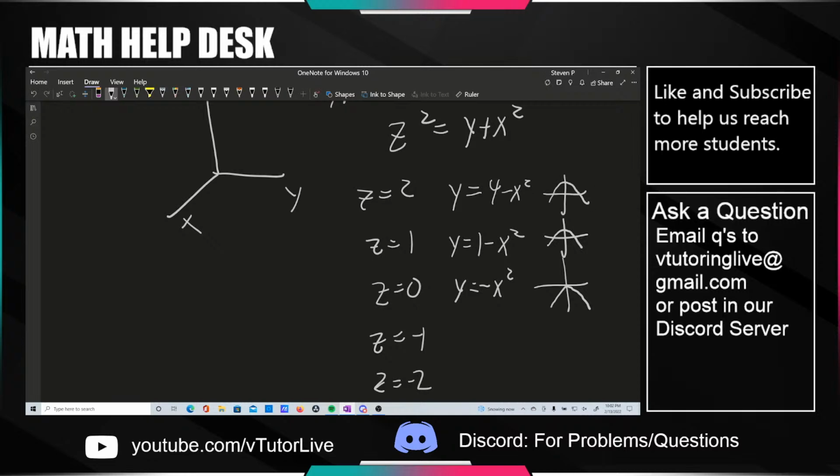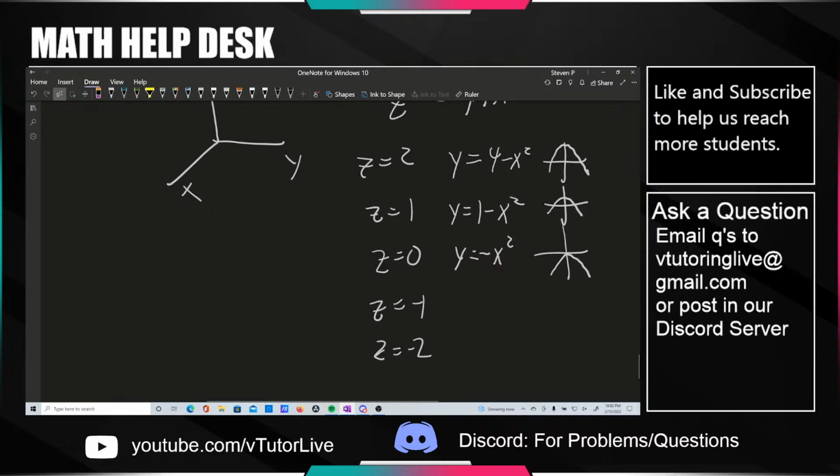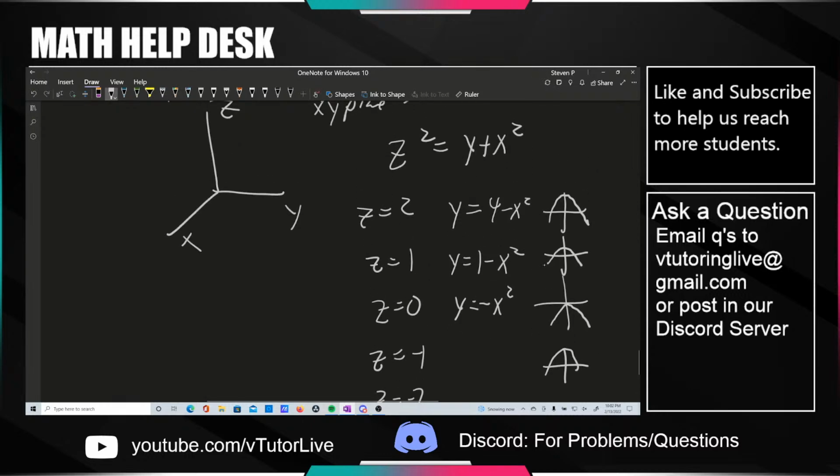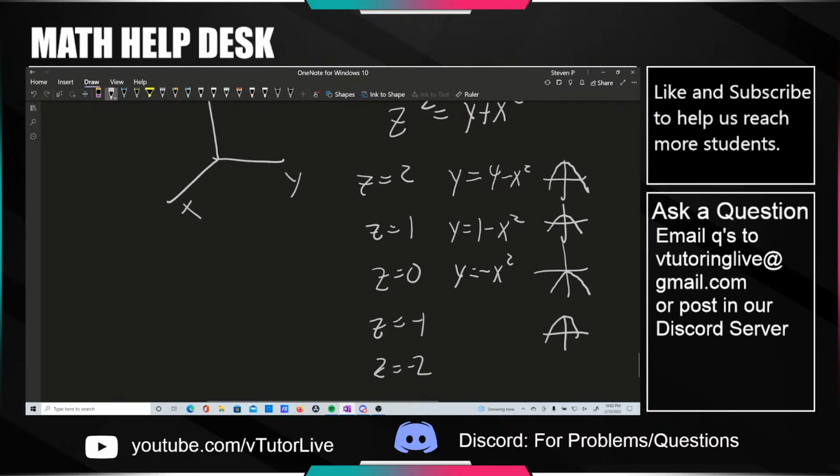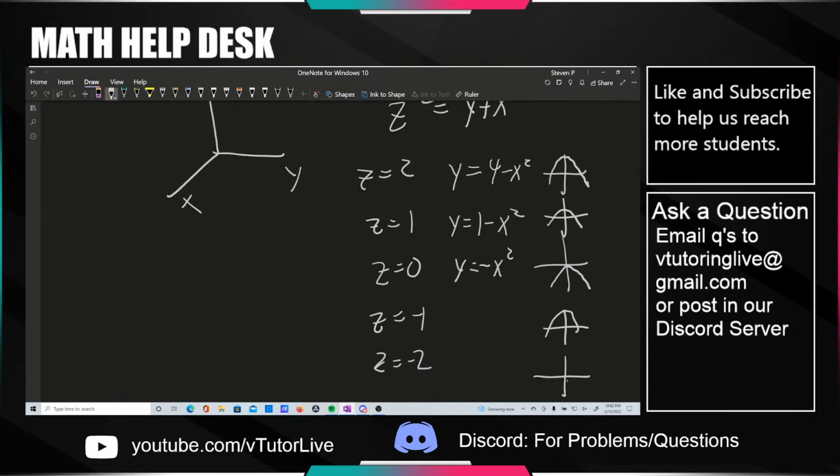So it's basically the same parabola every time. It's just being shifted up and up. And the further out you go, the more and more upwards it's being shifted. And just by symmetry, it's the exact same thing, because z is being squared, so whether it's positive or minus should make no difference.